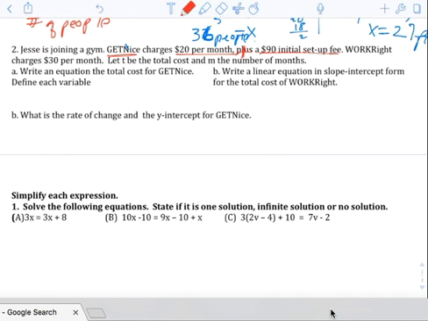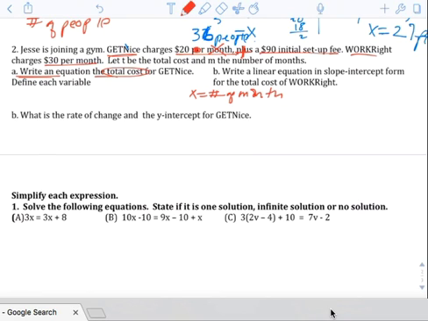So plus. Work Right charges $30 per month, so times X. So then X represents the number of months. Write an equation for total cost.